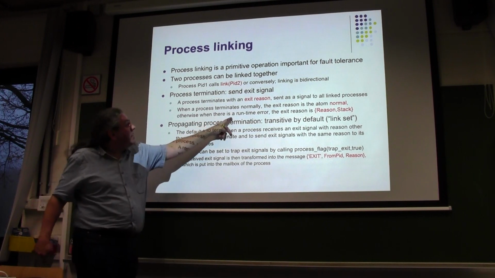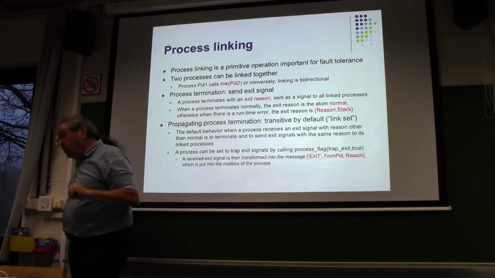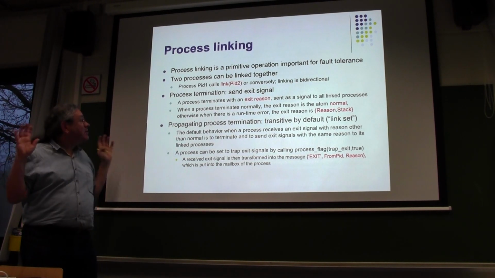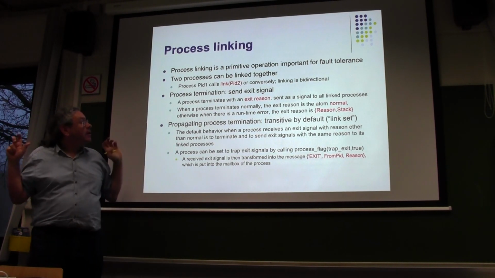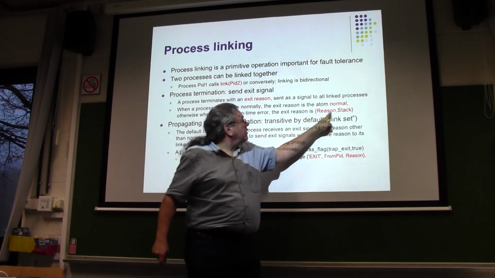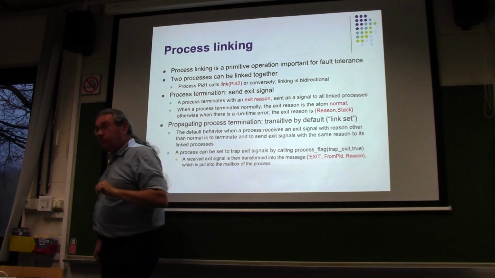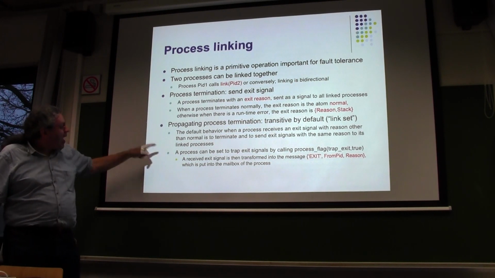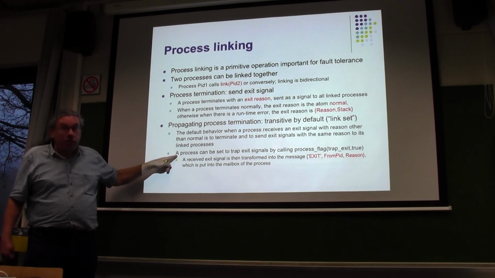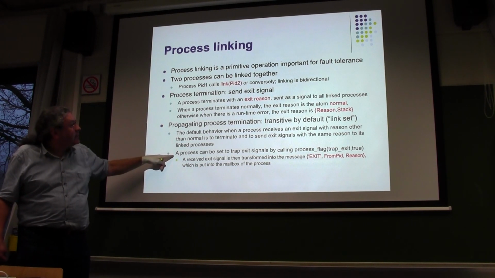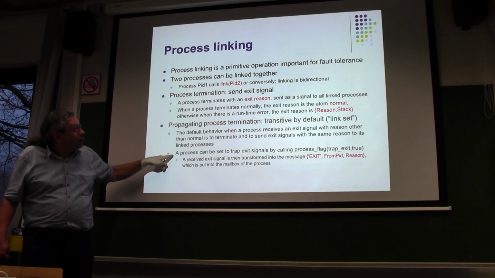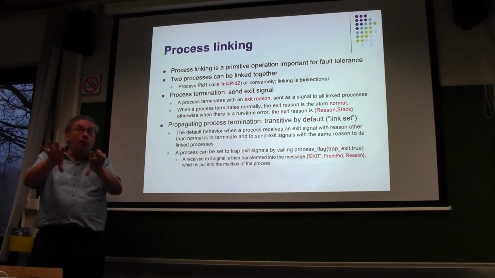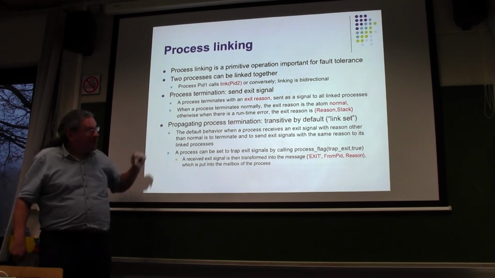But if there is any kind of error, a runtime error, hardware error, software error, anything that causes the process to fail, the exit reason is given and sent to all the linked processes. So I said it's transitive, and a process can also not terminate when it gets the exit signal, but it can receive it as a message, which means it can observe the failed process.